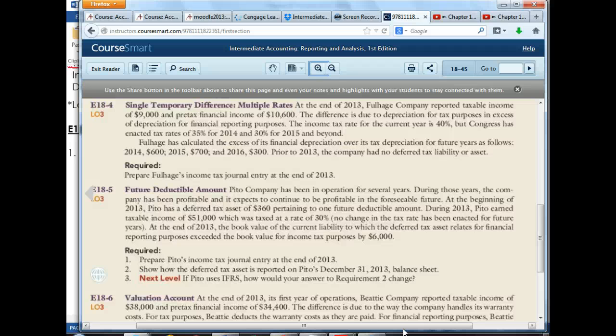But for tax purposes, we can't deduct that, let's say, until we pay it. So in a future period, we're going to be able to deduct it, but not in this period. For book purposes, they deducted it, but not for tax purposes.